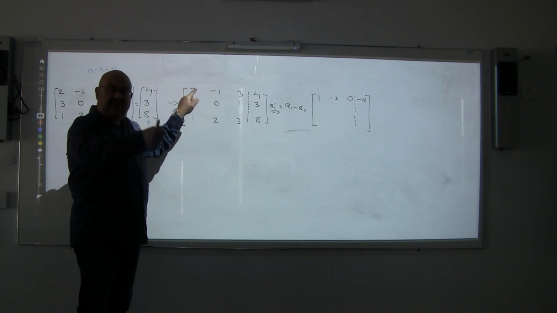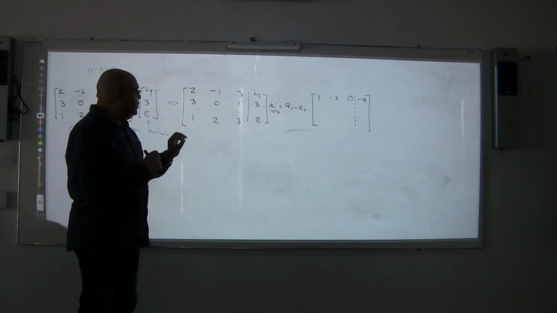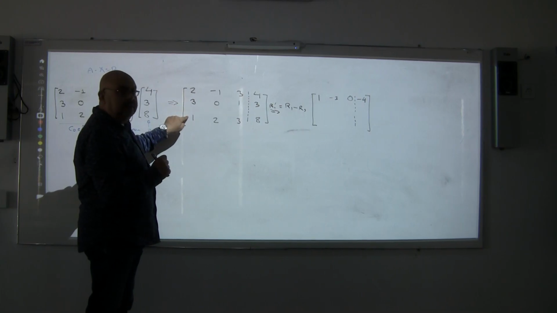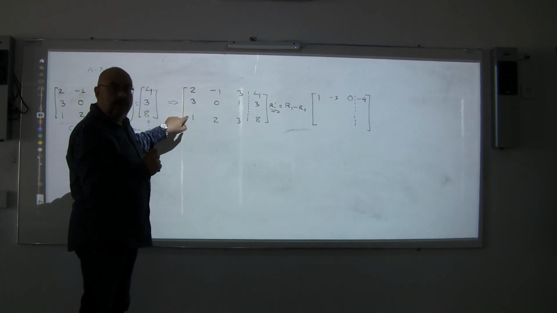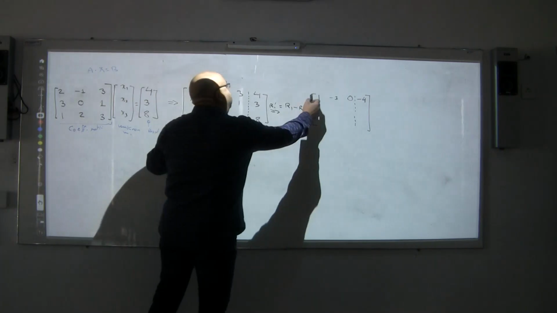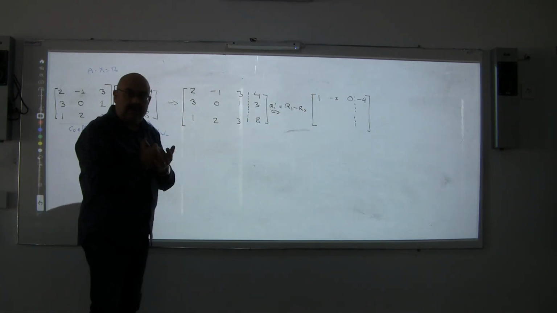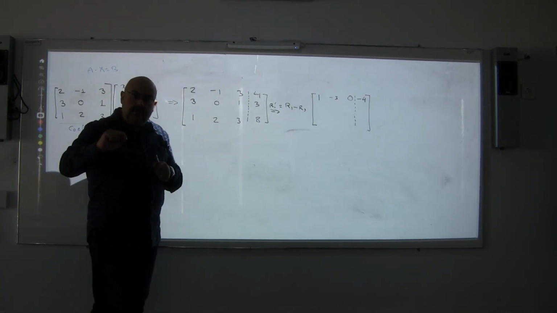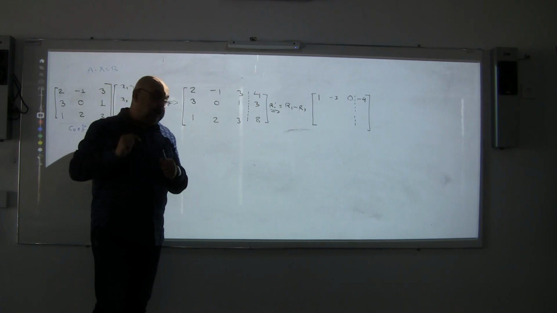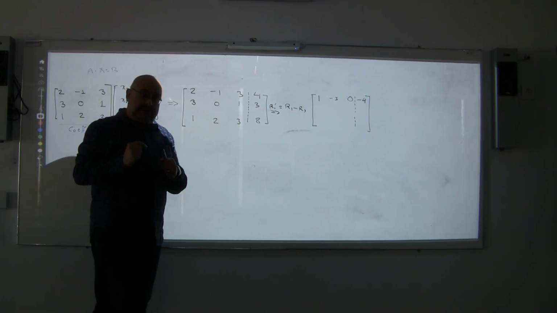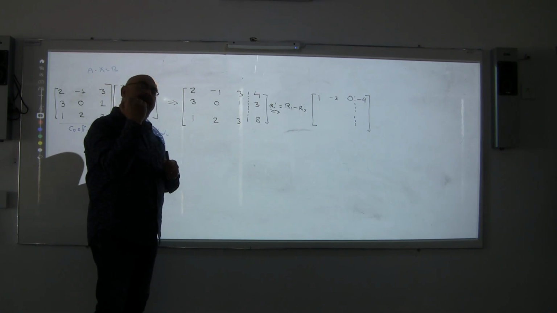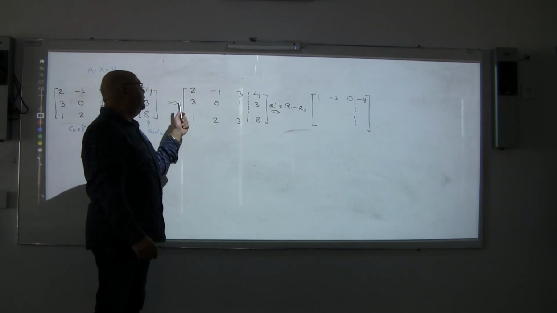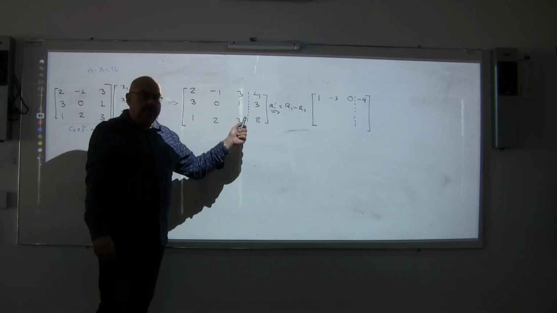The second step is to force the elements 3 and 1 beneath this pivot to become zeros. How to do it? I will use one of the row operations, which is multiplying the first row by a number, then adding it to the second row.